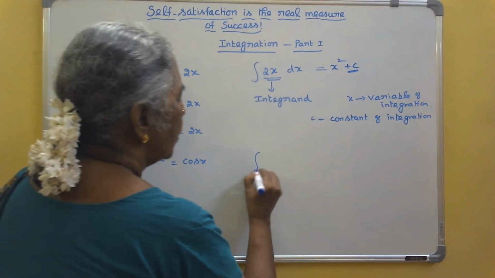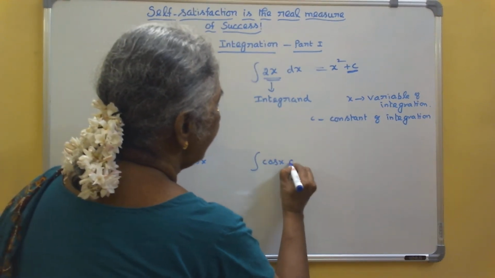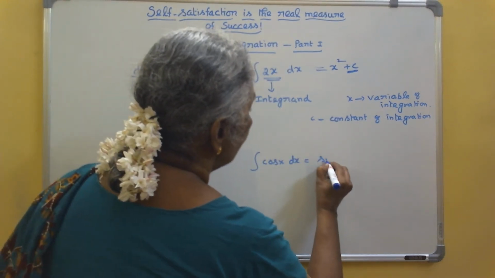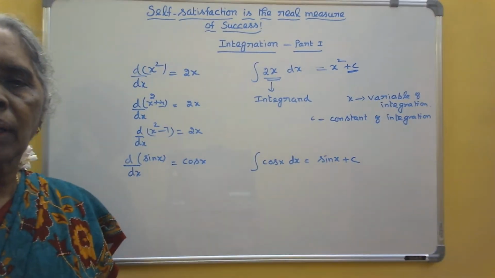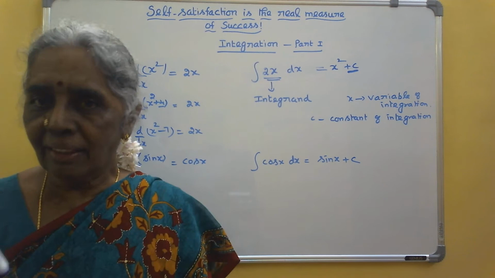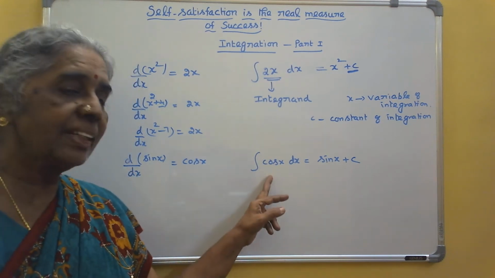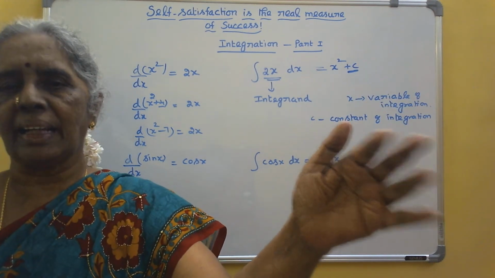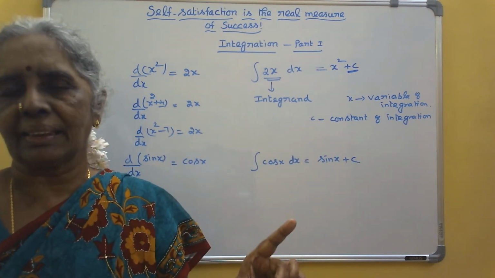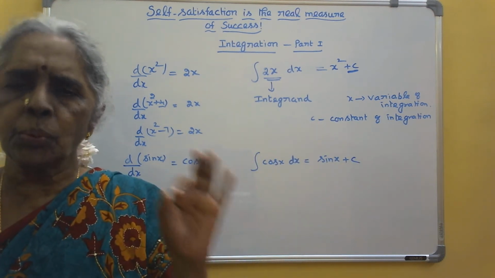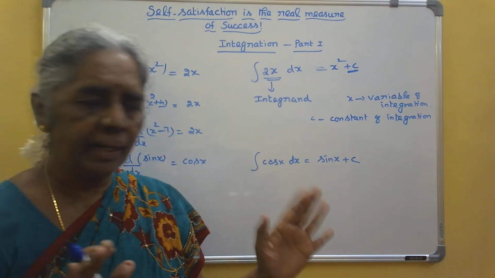Now, if you integrate cos x, you will be getting sin x plus c. Here, be very clear. When you differentiate cos x, it is minus sin x. But when you integrate cos x, it is only plus sin x. So, you should not confuse. You should be very clear about this, right?